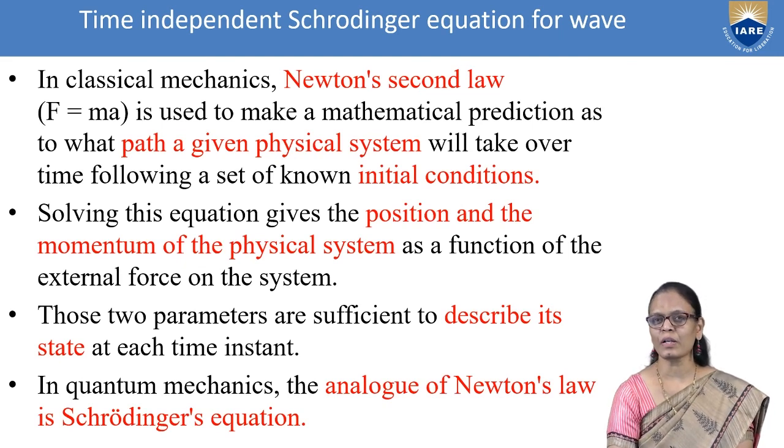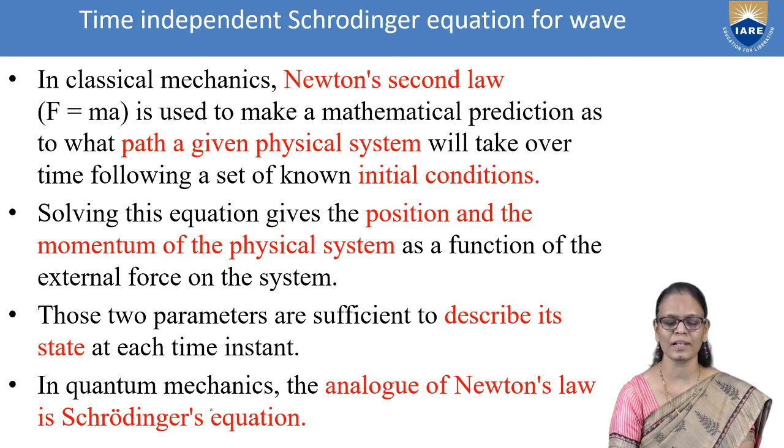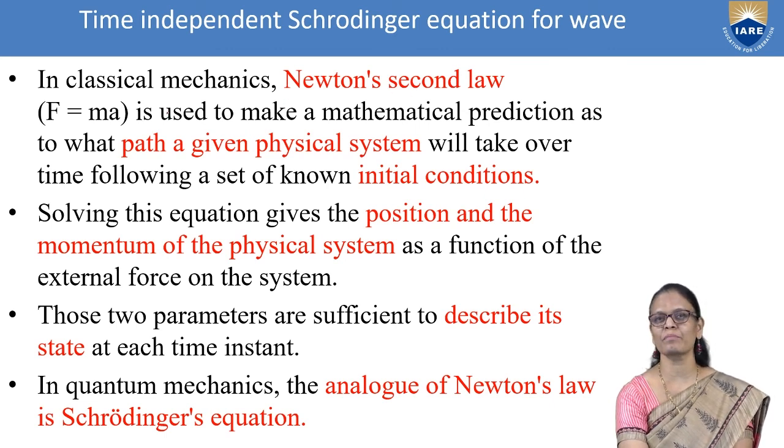Now, to understand how to derive the equation, we will start with something we know. We already know Newton's laws of motion, which we use for classical mechanical systems. So what is the equation we use to describe the motion of a particle in classical mechanics?